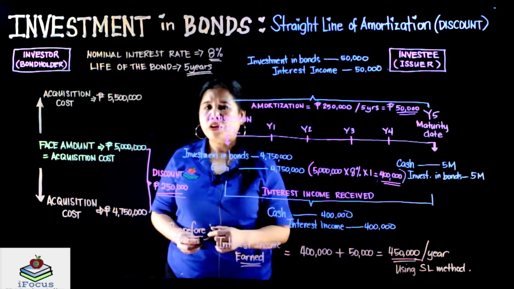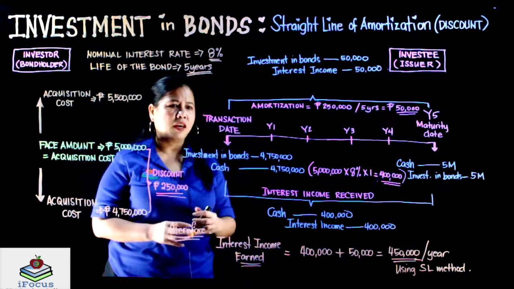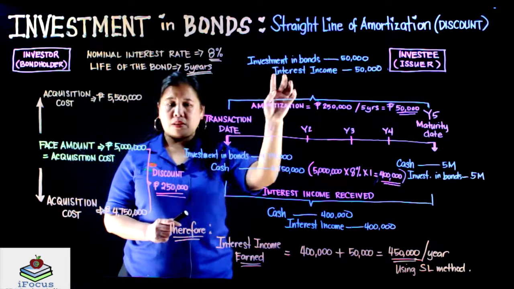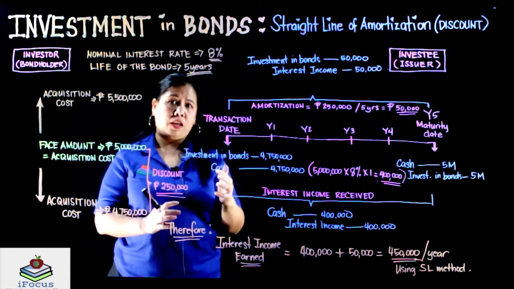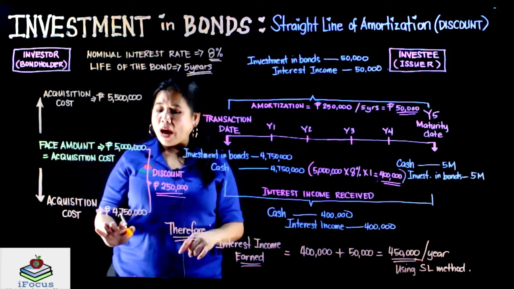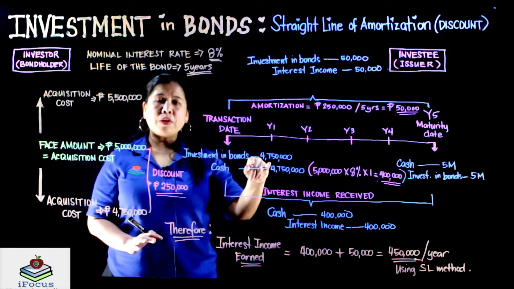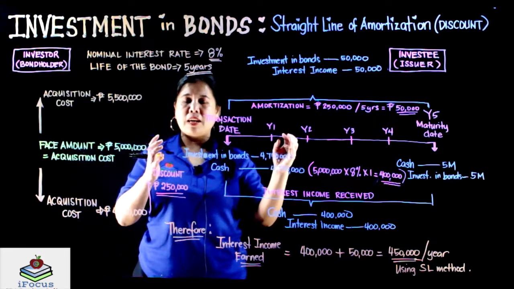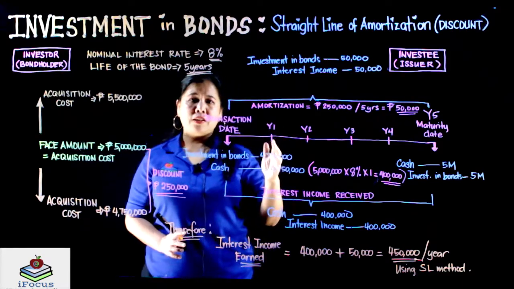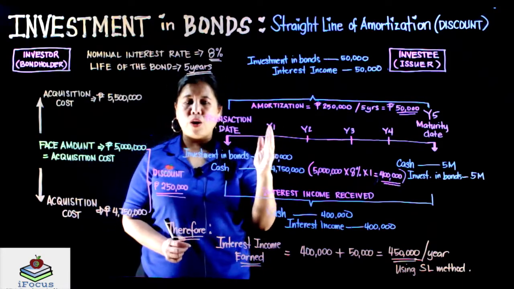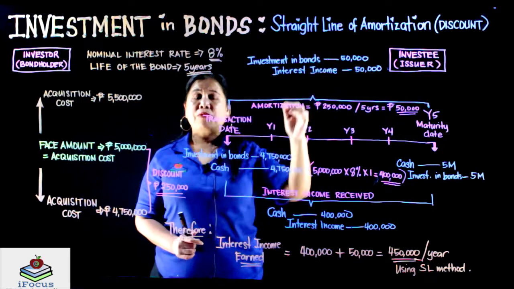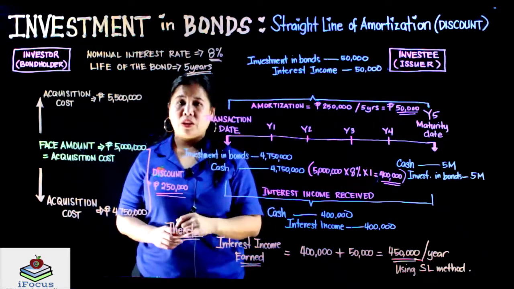Another thing that I want you to know about this is the carrying amount of the investment in bonds. So, on the transaction date, ang carrying amount ng ating investment in bonds ay yung acquisition cost natin, 4,750,000 ang laman ng iyong investment in bonds. Pagdating ng year 1 or at the end of year 1, nag-amortize ka ng 50,000. Nagdagdag ka ng 50,000 na amortization ng discount.